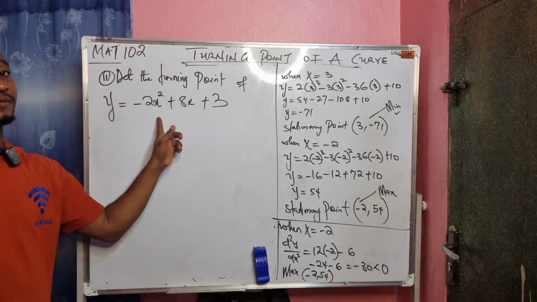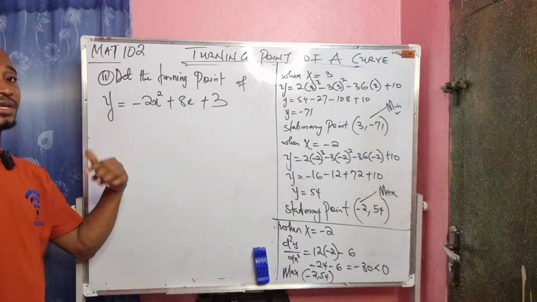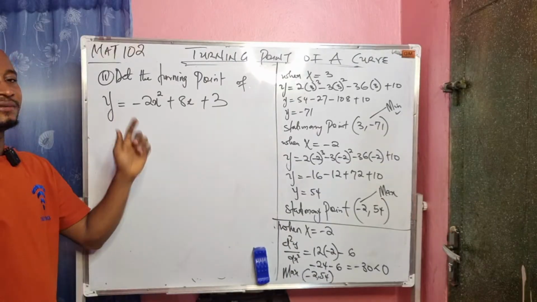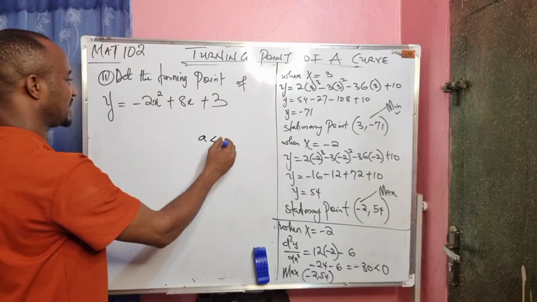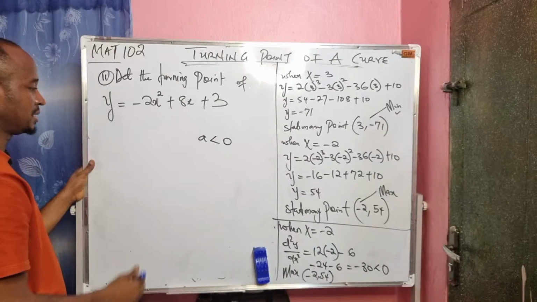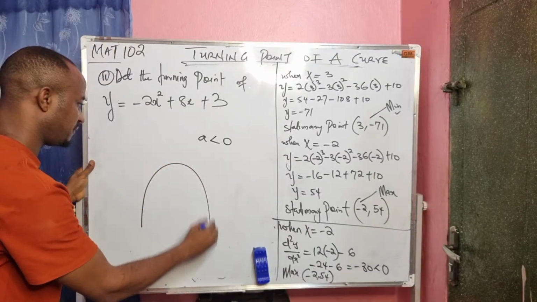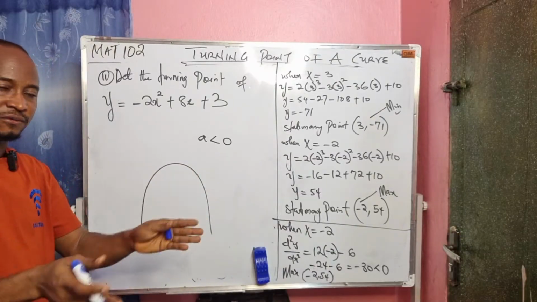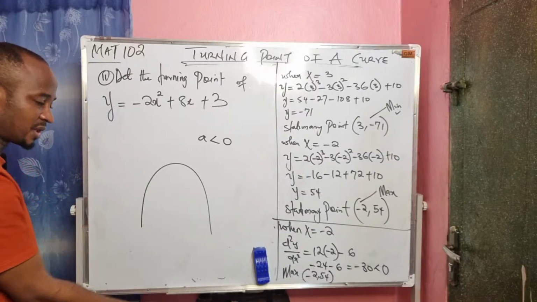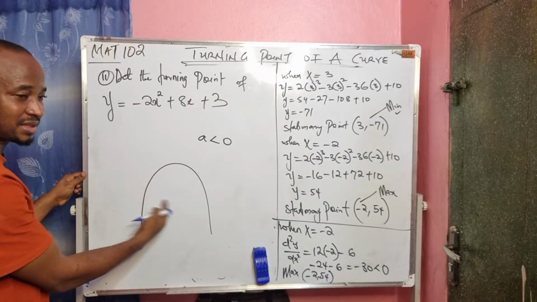Look at this. This is a quadratic graph. I say that whenever the coefficient of x² is negative, meaning when a is less than 0, the curve will curve downward, just like this.